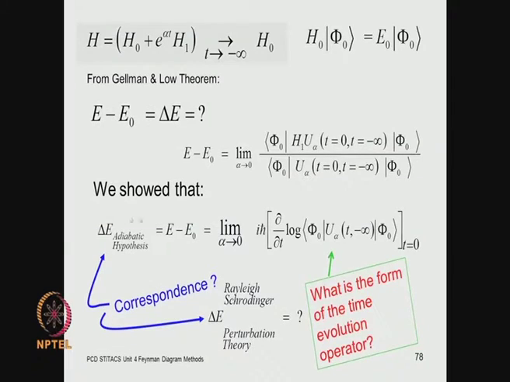So, we solve a part of it which is the unperturbed Hamiltonian, and then we make a correction which is a perturbation. So, this will be examined in the context of what is the nature of this time evolution operator, what exactly is the form of this time evolution operator, and that is something that we have already discussed in our previous classes.